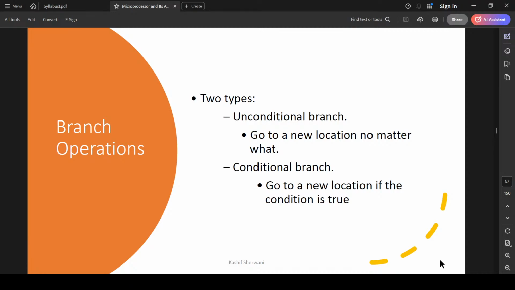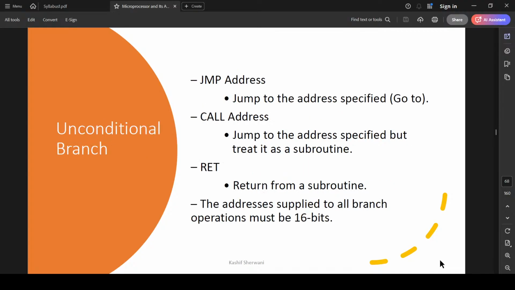Okay, these instructions are very important. Branch operation instructions. JMP: jump to the address. Call: jump to the address specified but treat it as a subroutine.